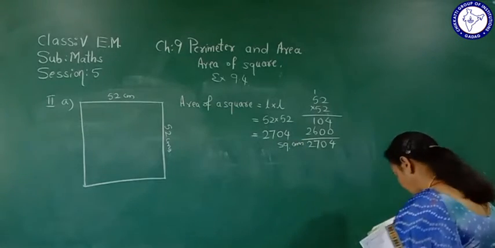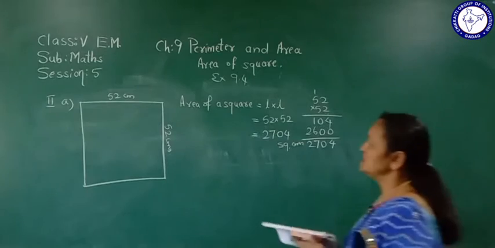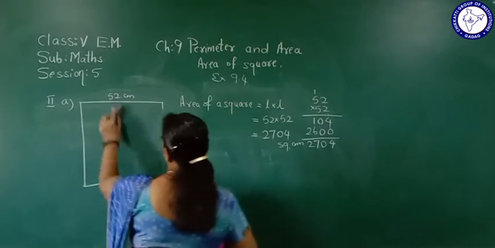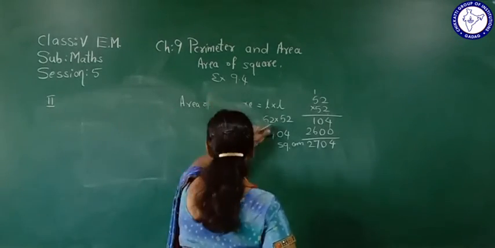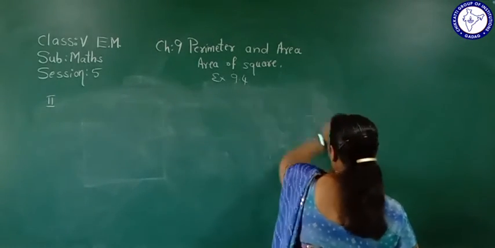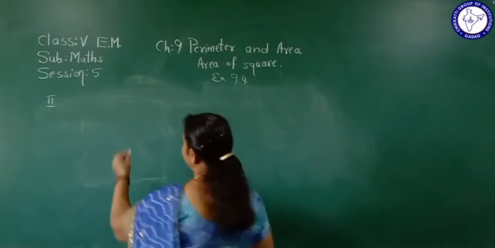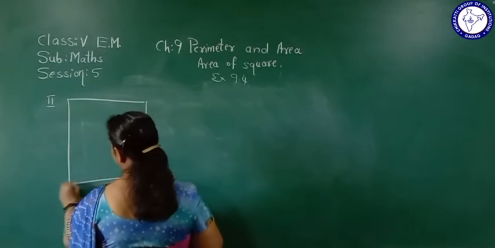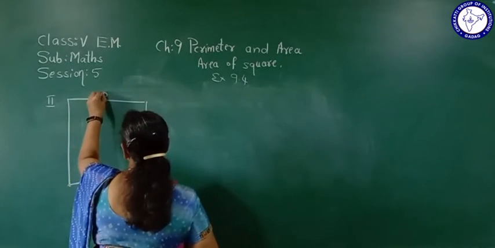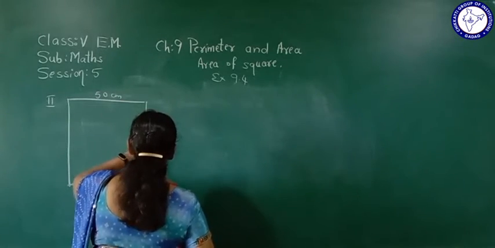Then let me go to second example. Second example here, again one frame is given of a butterfly where side is 50 centimeter, another side is also 50 centimeter.